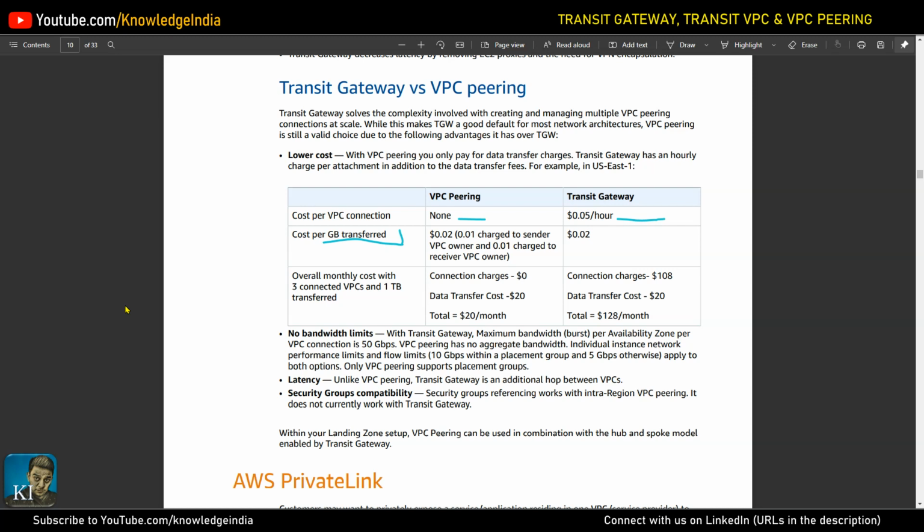And the other thing is the security groups compatibility. So what happens is, if you peer two VPCs, right? Let's say VPC A and VPC B, you can go ahead and refer to the security groups of the other VPC in your rules. Okay, so what I'm trying to say here is, let's say, it's like this.